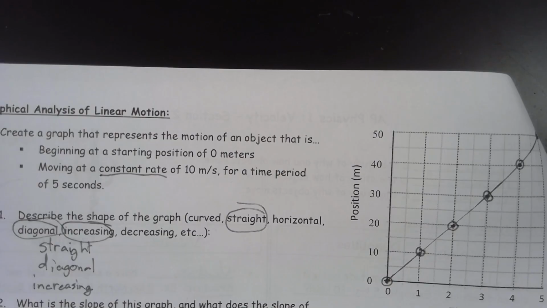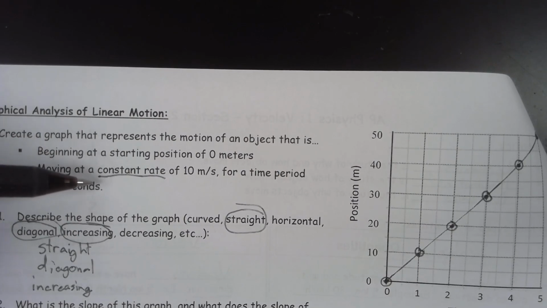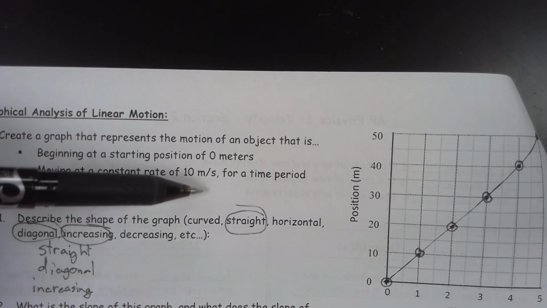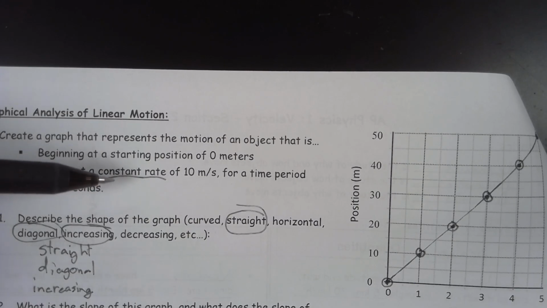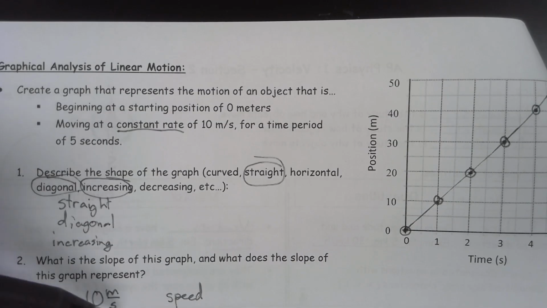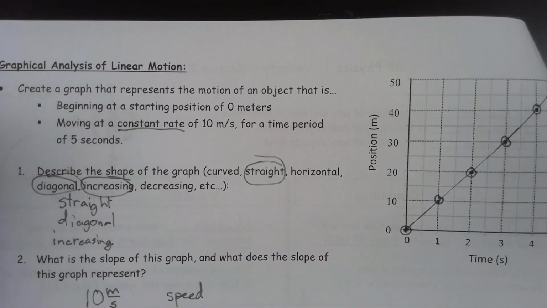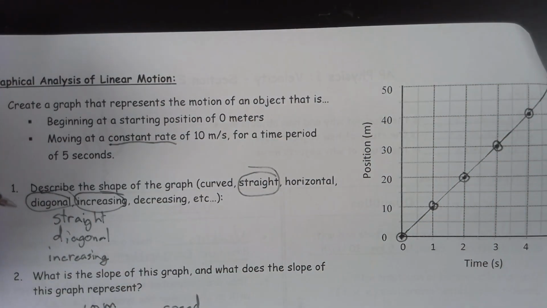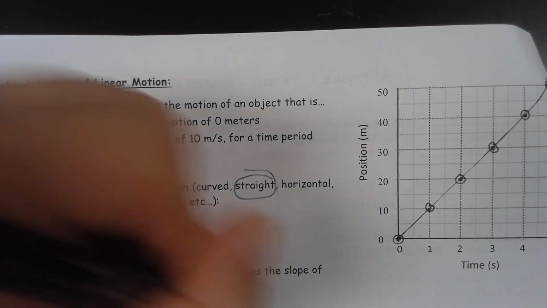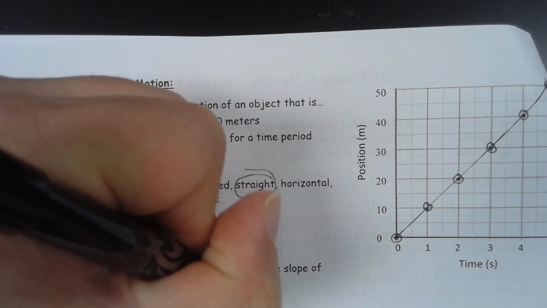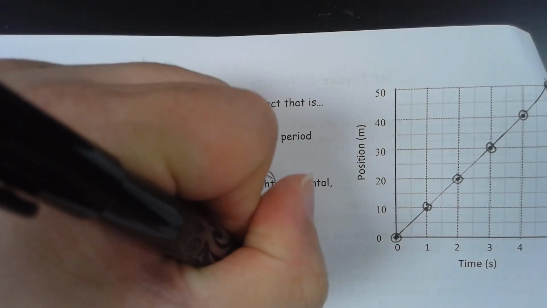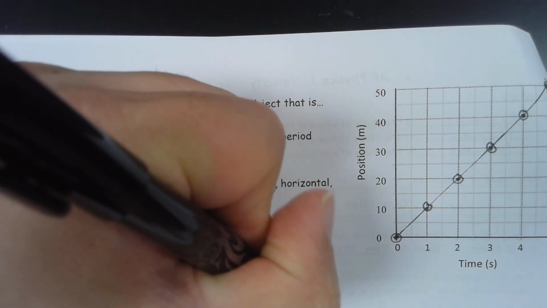What is the slope? It literally said that you're drawing it with a constant rate of 10 meters per second, right? So that was the constant rate, 10 meters per second. And what concept is that? Speed. And in my second period, I even said that the slope equaled the change in y over change in x.